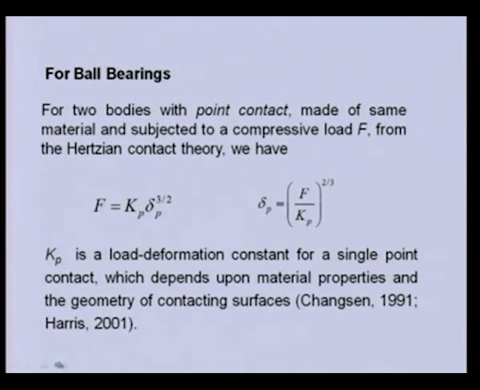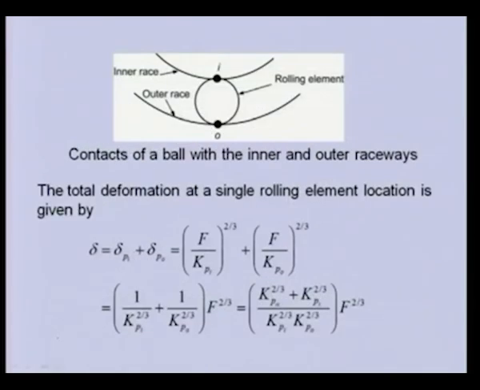Now this is for a single point contact at one of the contacts. In the ball bearing, we have two point contacts, one at the inner ring and one at the outer ring. So the total deformation can be defined as the summation of these two, and the previous expression can be substituted for inner contact and outer contact. So it can be simplified like this, because the load is the same. Because the load transmitted is the same, we will get this expression.